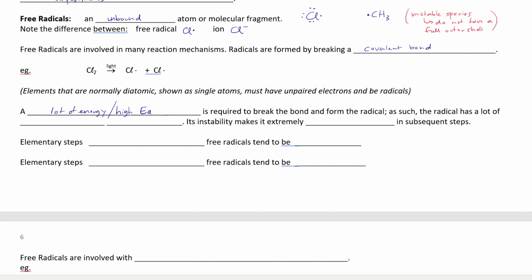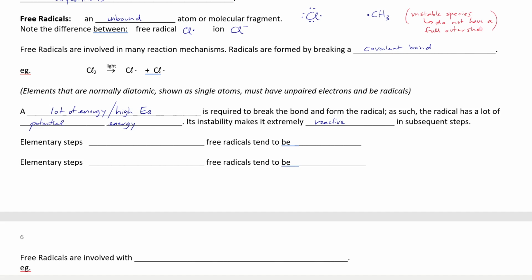As such, the free radical has a lot of potential energy. Since a lot of energy was put in to form it, it has a lot of potential energy, so that makes it very unstable, and its instability makes it extremely reactive in subsequent steps.